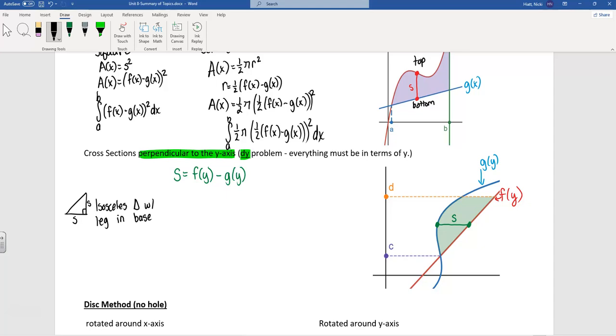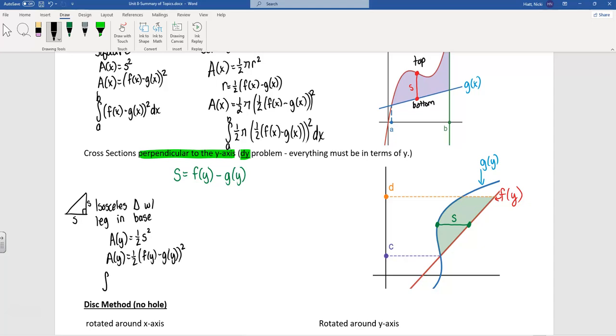It's going to be 1/2 base times height, 1/2 S times S. So our A of y is going to equal 1/2 S squared. And so we'll plug in our S. We have 1/2 f of y minus g of y squared.